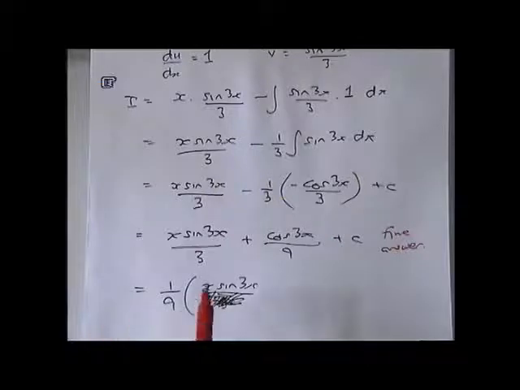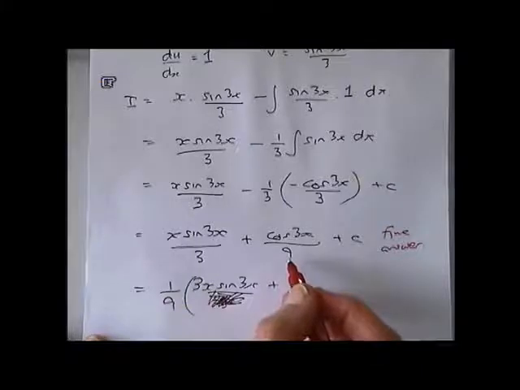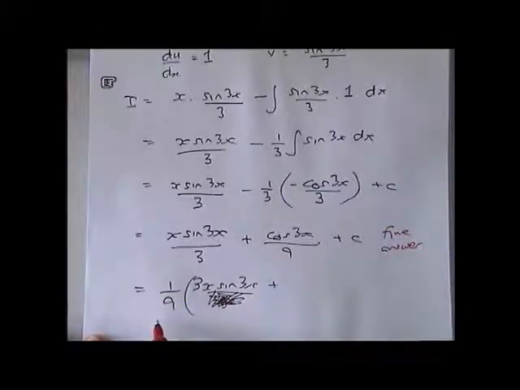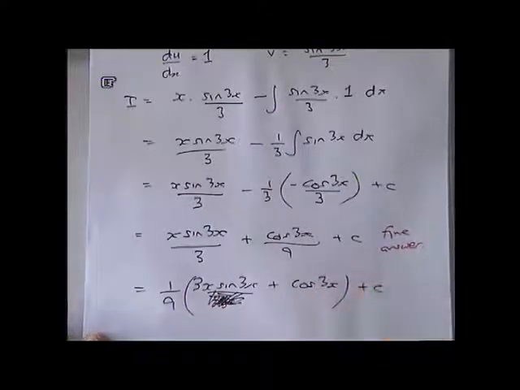How many ninths are the same as a third? 3. Yeah, so they would put a 3 there, because 3 ninths is the same as a third. Then over here on the right, they just wouldn't put that 9 in, because they've already written it at the front. So you just get cos 3x, and your plus c at the end.